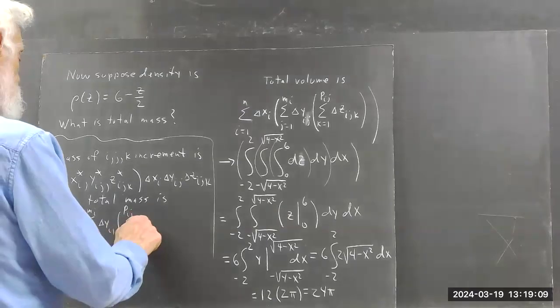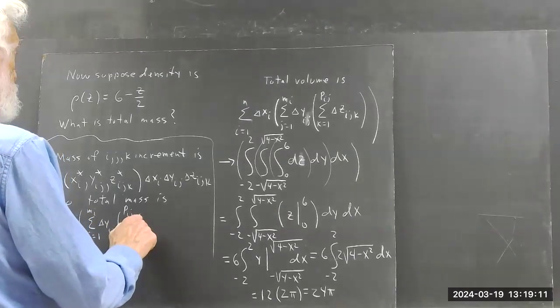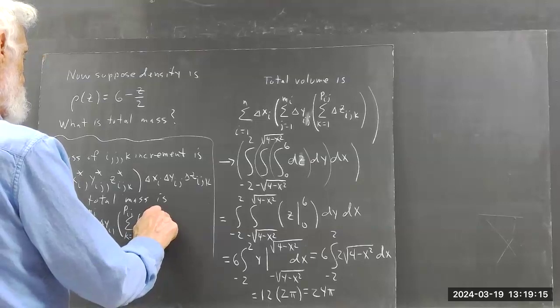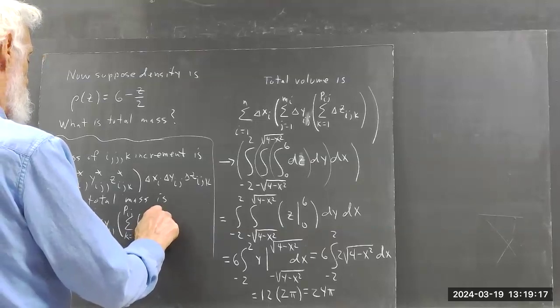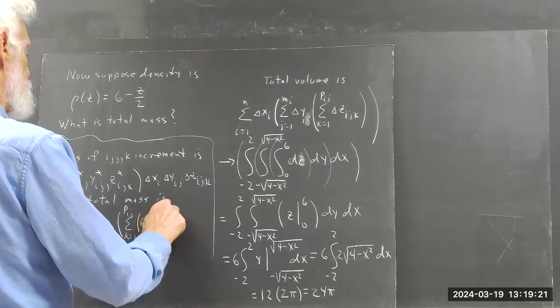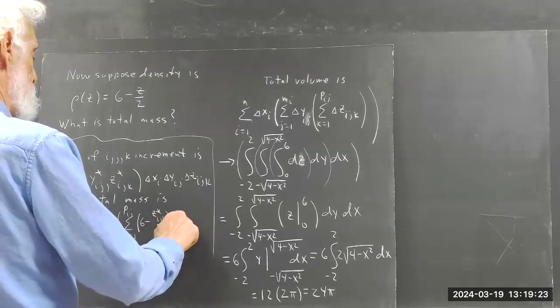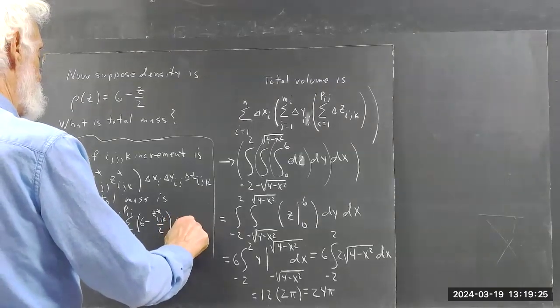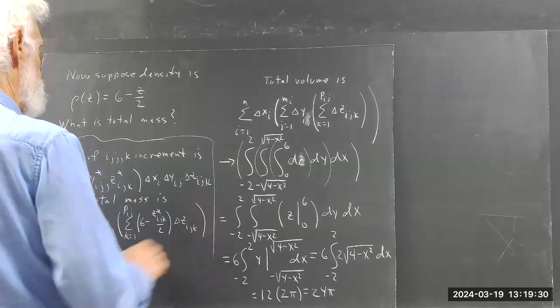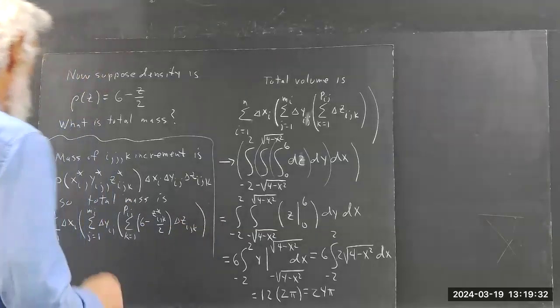So this is just going to be 6 minus z star over 2 times delta z.